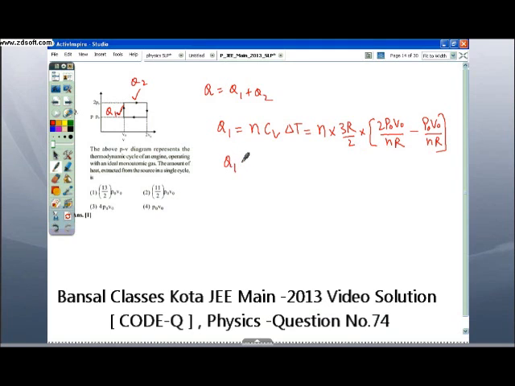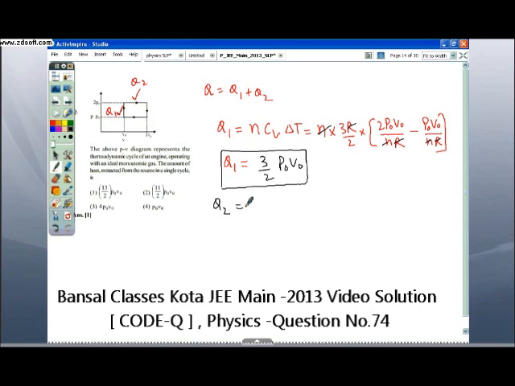On solving, we get Q1 equal to, you can see nR will cancel out, 2 P naught V naught minus P naught V naught is P naught V naught. So Q1 comes out to be 3 by 2 P naught V naught.